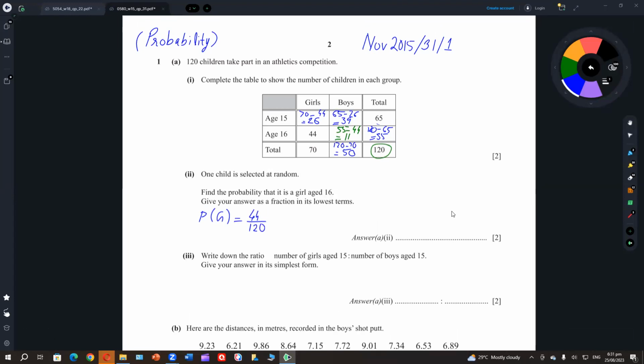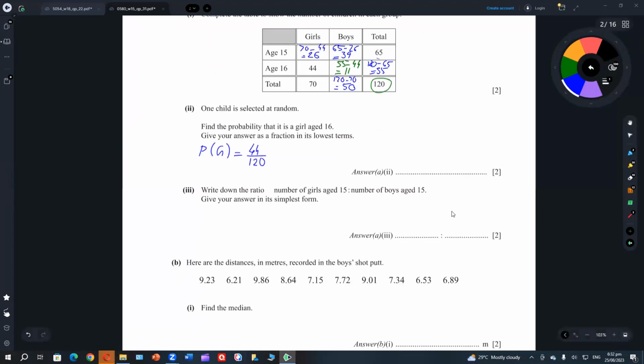Simplify it. Write down the ratio, number of girls age 15, number of boys age 15 in its simplest form. So I have 26 and 39. Please simplify these two entries.